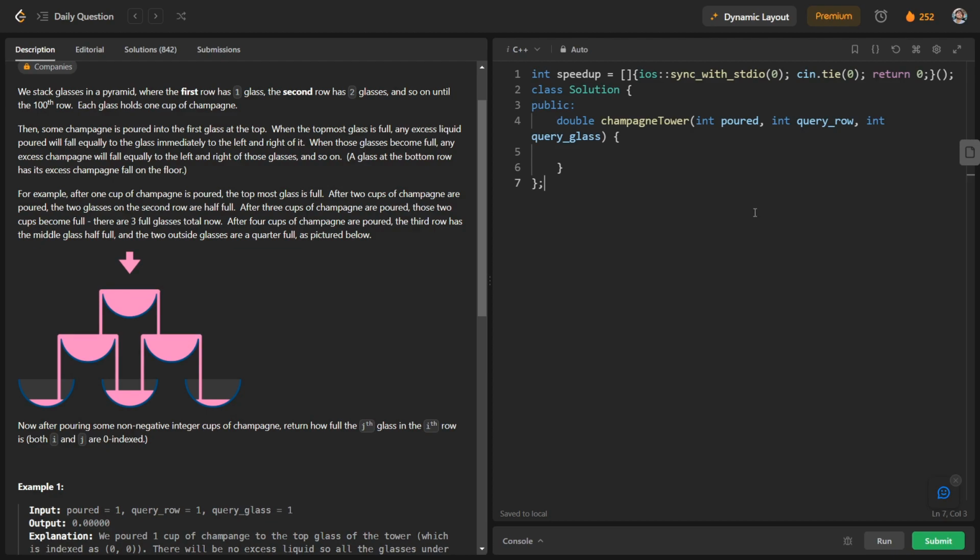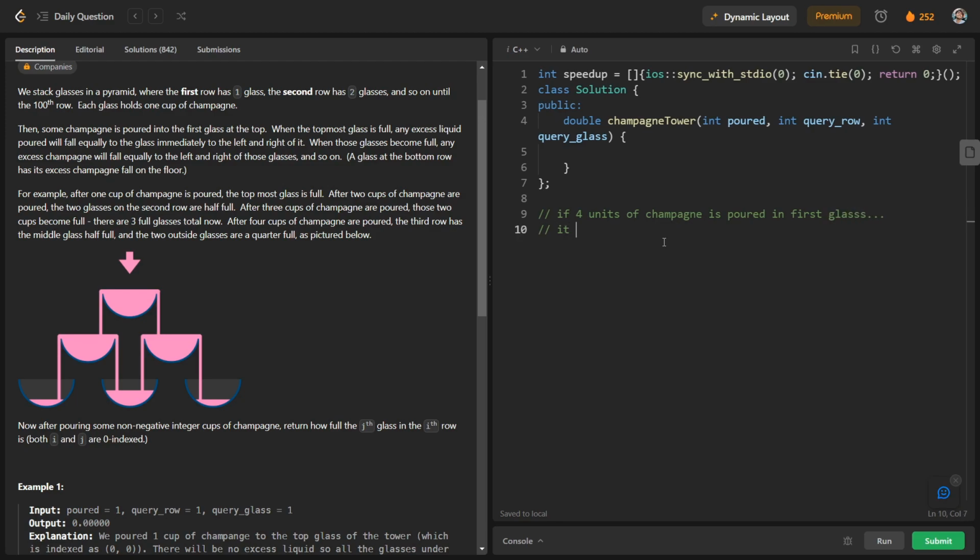So I will write here, if 4 units of champagne is poured in the first glass, what will happen, it will store 1 unit, and 3 units will be excess.